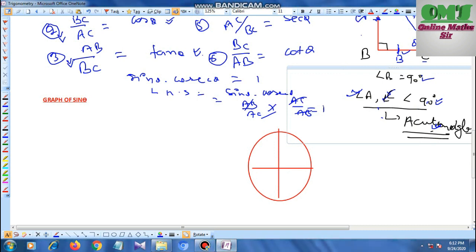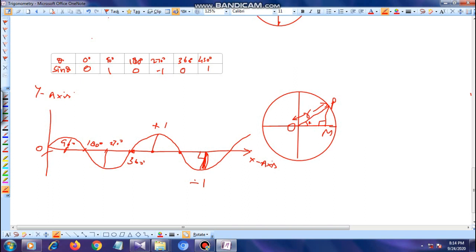Now the graph of sin theta. Sin theta equals perpendicular PM upon hypotenuse OP. This perpendicular and this radius R, this is the hypotenuse.